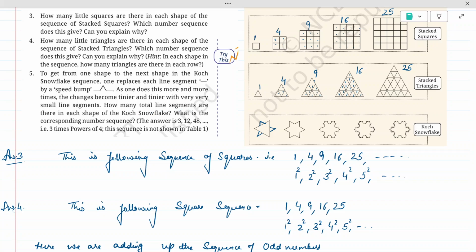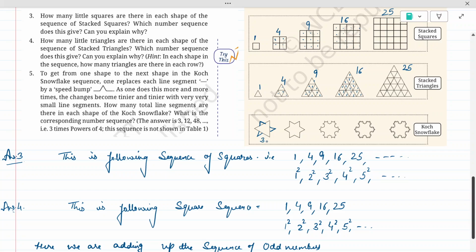How many total line segments are there in each shape of the Koch snowflake? What is the corresponding number sequence? We have already done this question in the previous exercise, where we saw that the number of sides in the very first shape is 3. To get the second shape, we multiply this by 4, or you can say by the power of 4.